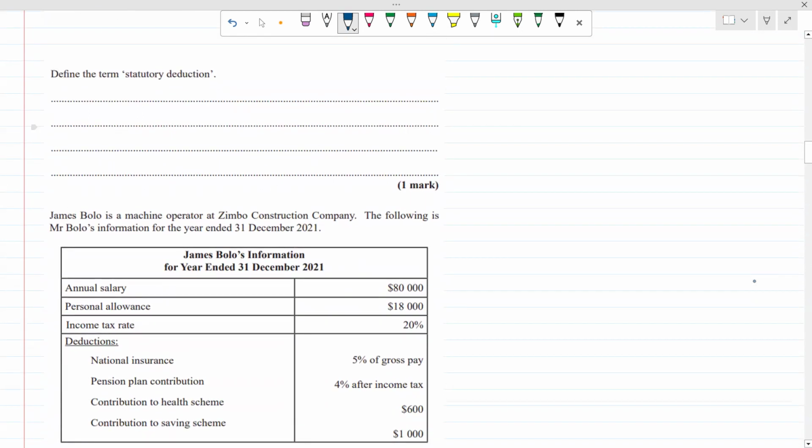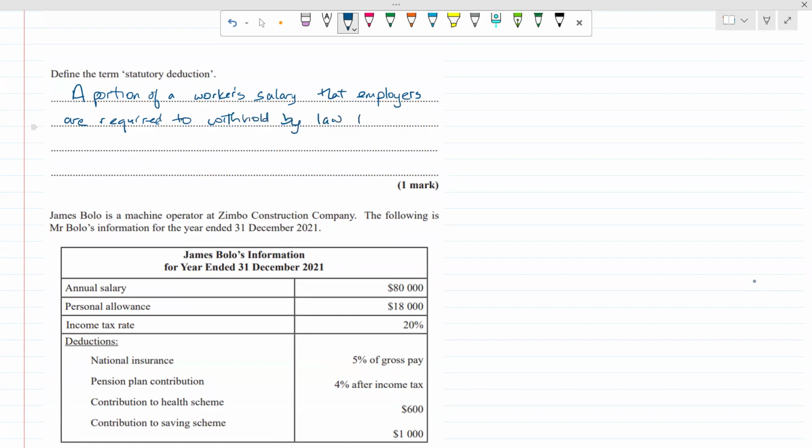This is a portion of a worker's salary that employers are required to withhold by law to submit to the government as taxes, national insurance, NIS, and health surcharge.